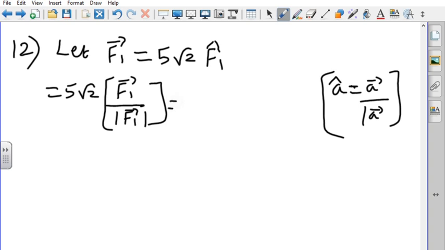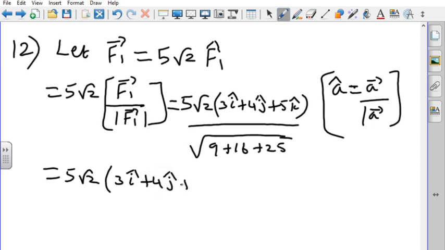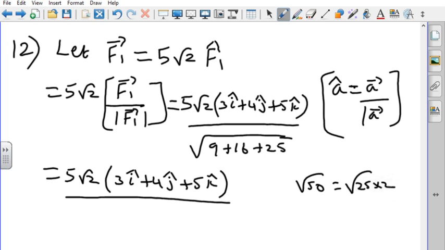So this is equal to 5 root 2 into 3i cap plus 4j cap plus 5k cap by modulus of F1 vector. It is root of 3 square 9 plus 4 square 16 plus 5 square 25. So 9 plus 16 is 25, 25 plus 25 is root 50, which is root of 25 into 2, which gives you 5 root 2.